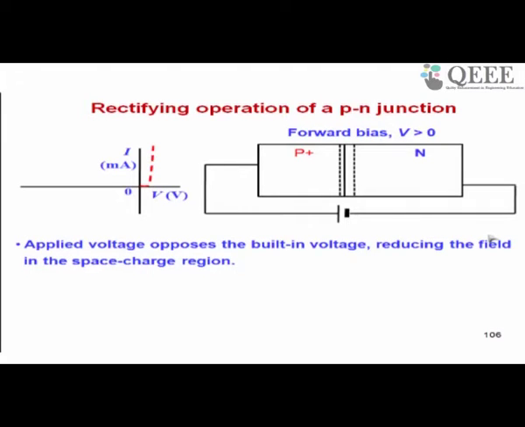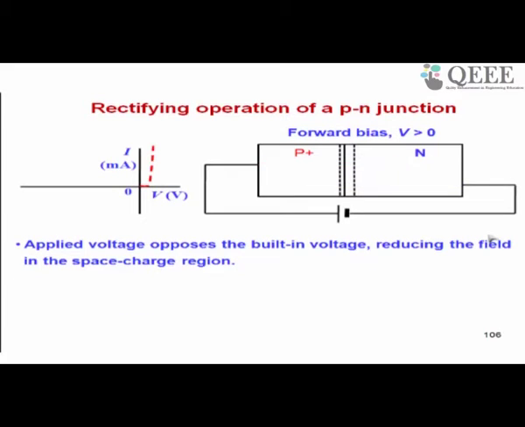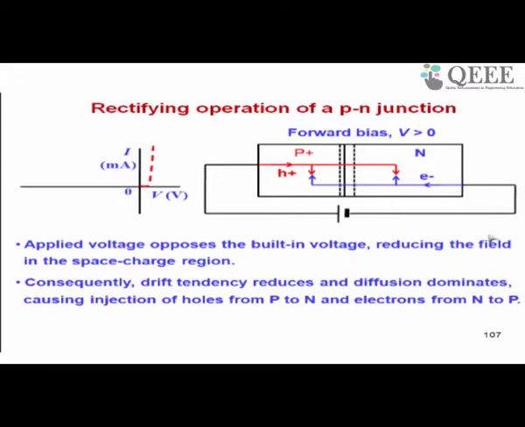So let us first write down what we have said just now. Applied voltage opposes the built-in voltage, reducing the field in the space charge region. Now this is the next thing that is happening, right? You can see that holes are being injected from P to N and electrons from N to P, and they are recombining.